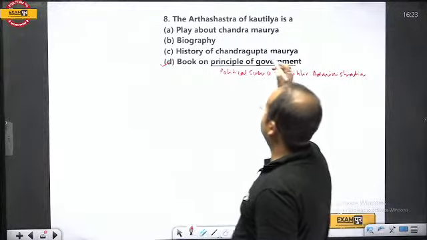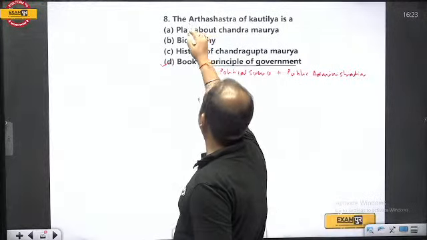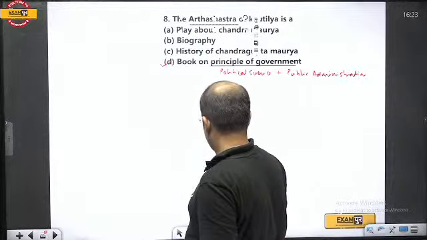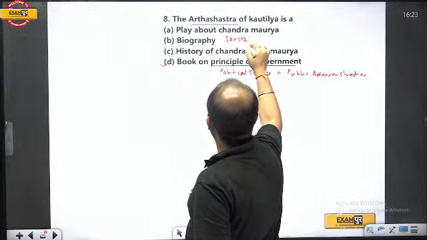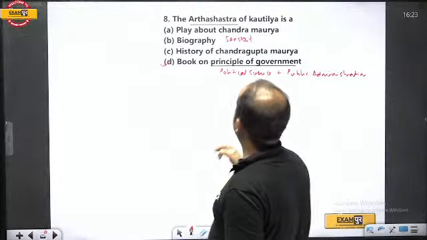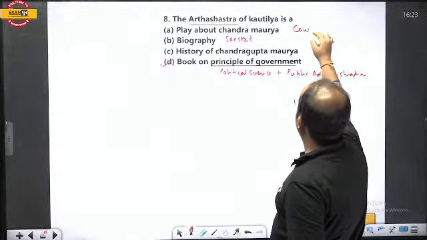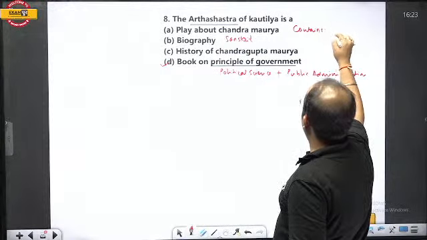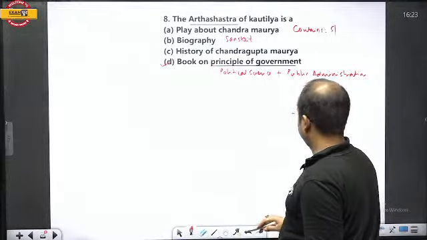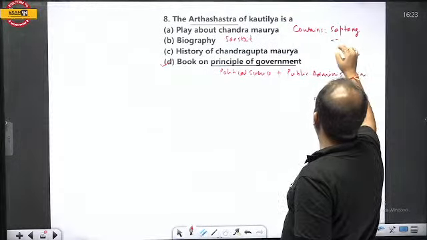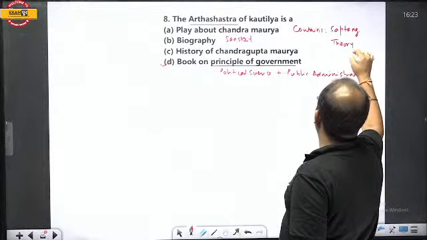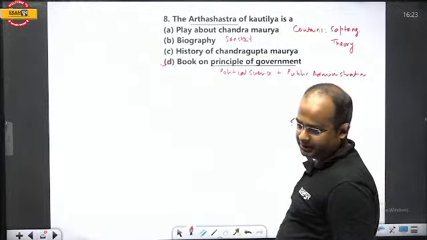And Arthashastra is written in Sanskrit language, and it contains the Saptang theory as well.